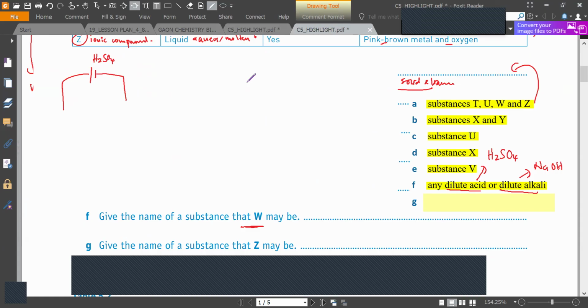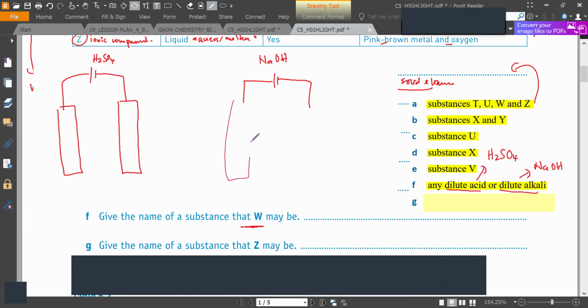H2SO4. And then we have another situation, sodium hydroxide. Let me set up everything. Positive anode, negative cathode.